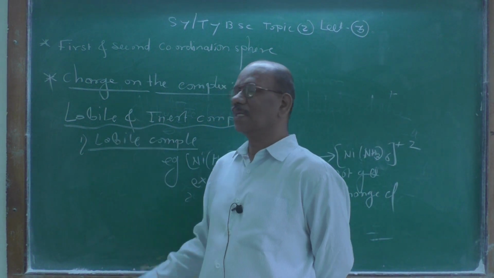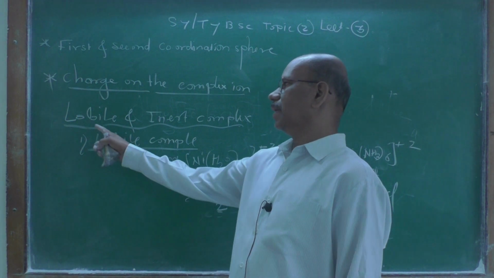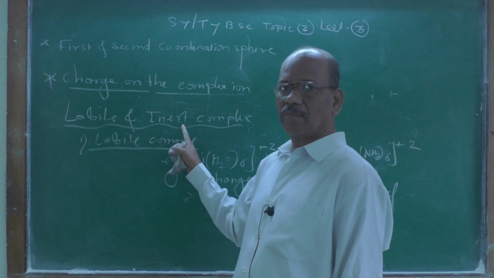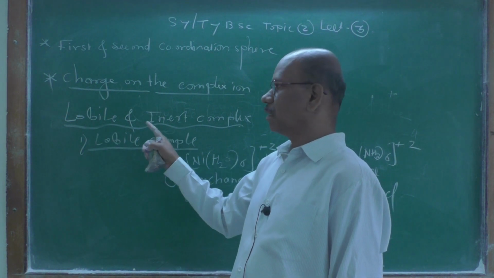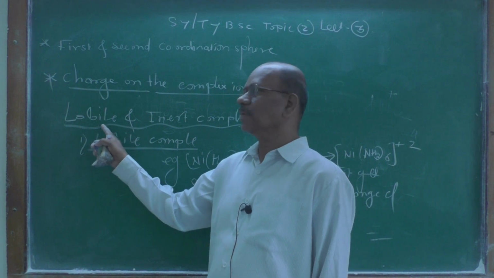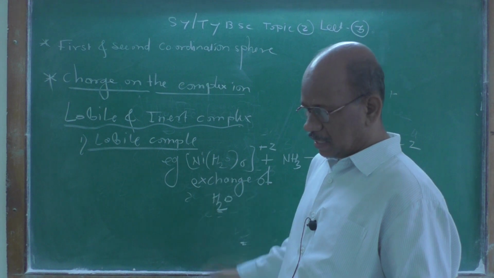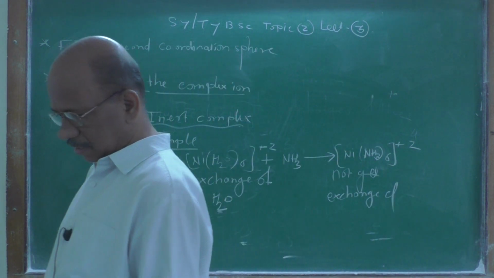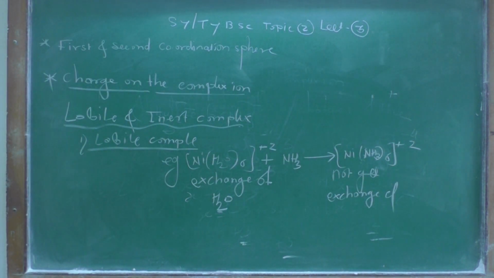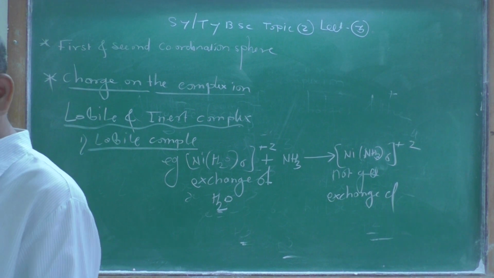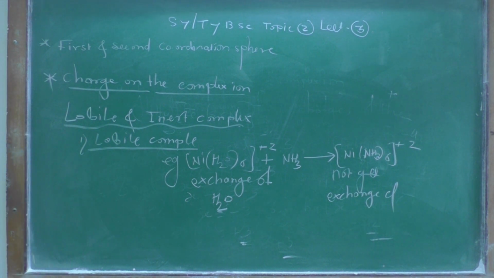So just basically we can say that one is unstable, one is stable; exchange of ligand takes place, exchange of ligand does not take place. So it is a simpler concept by which we can explain labile and inert complexes.